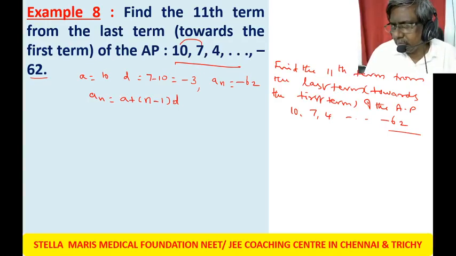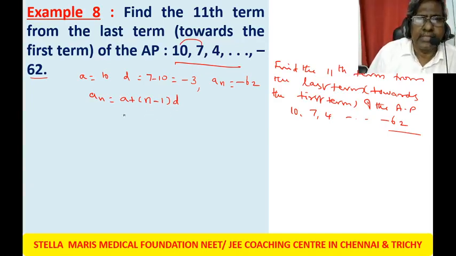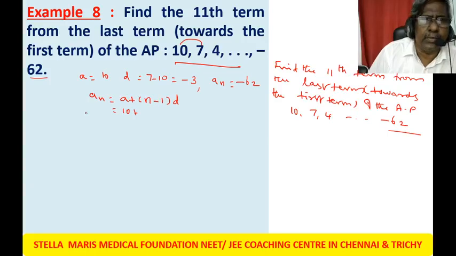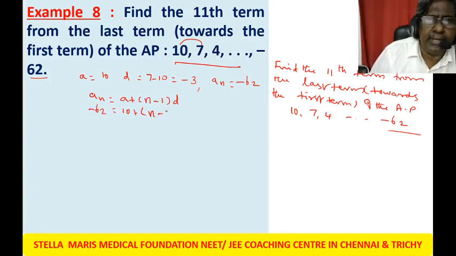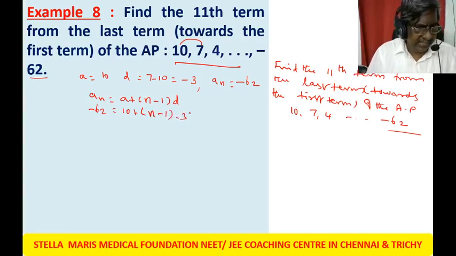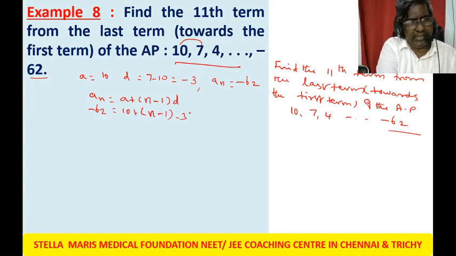Good, Rahul Raj. Very good. So A plus N minus 1 into D. So A will be 10 plus this AN is minus 62, that is into N minus 1 into D, and D is minus 3. Okay. Clear?